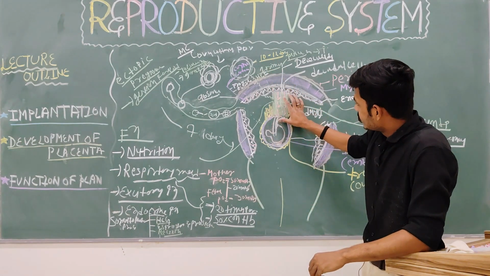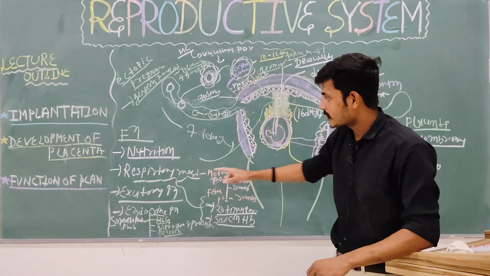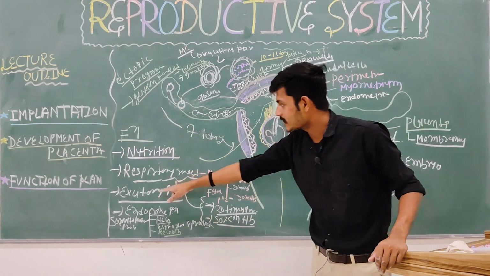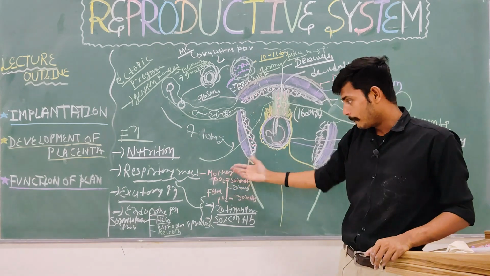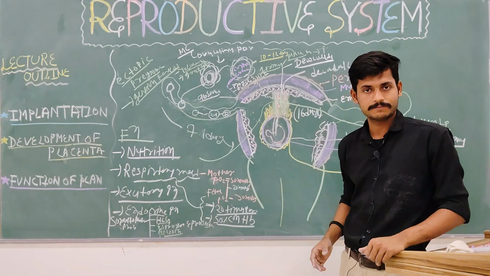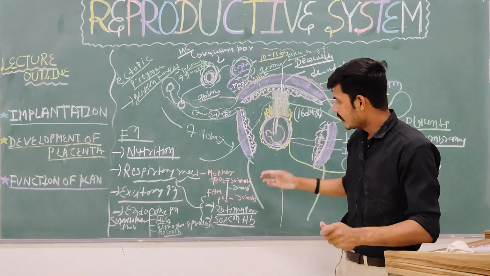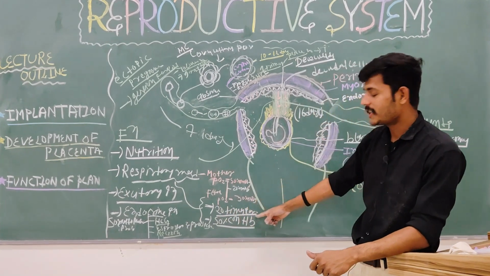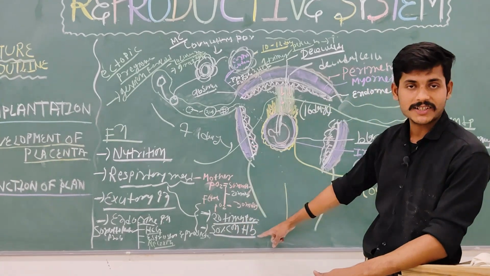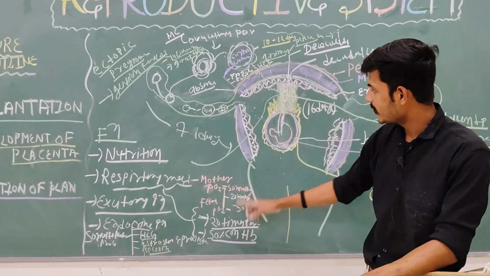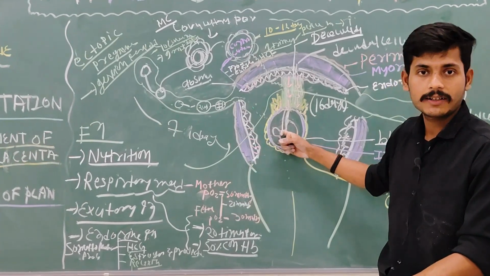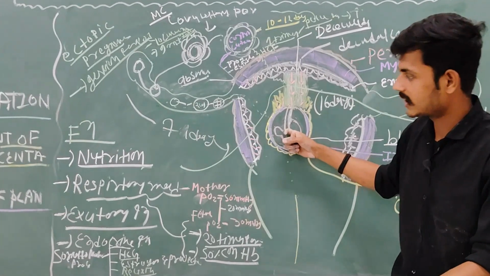Understood? There are many functions of the placenta, but one is providing nutrition to the developing embryo. Another function is to provide the respiratory need. There is a partial pressure gradient difference, but due to the presence of 20 times more affinity to bind with oxygen, and 50% more concentration of hemoglobin as compared to adults, the developing fetus is able to get adequate oxygen.